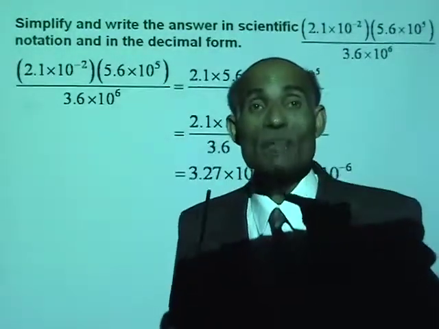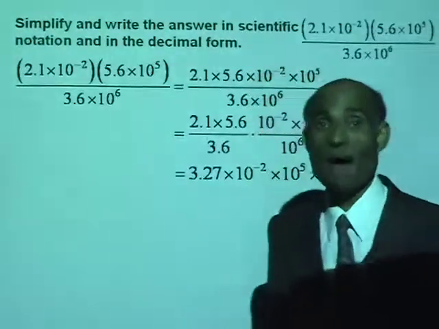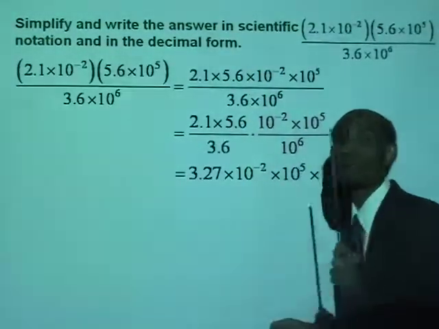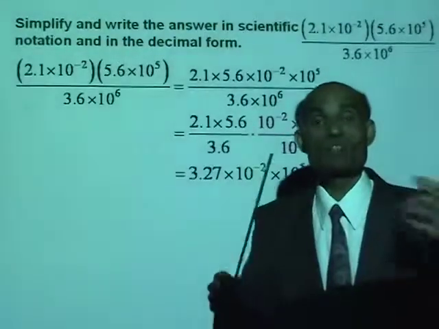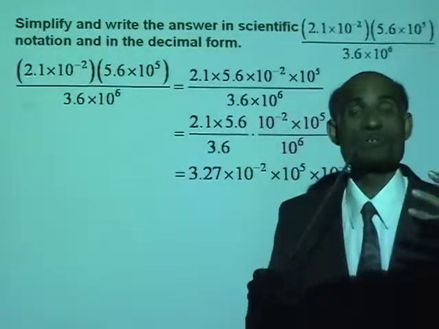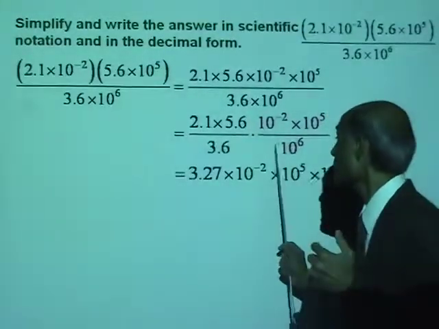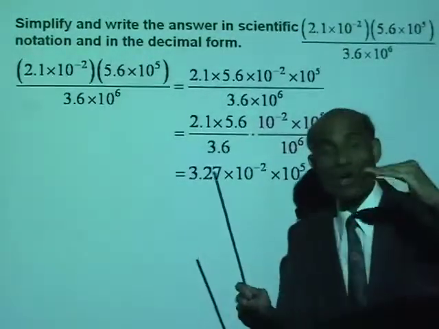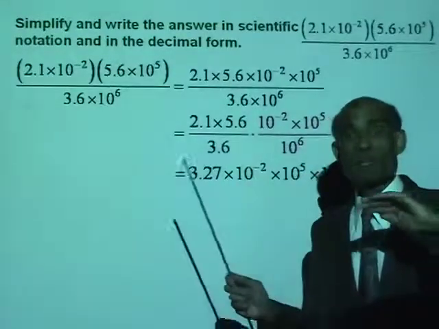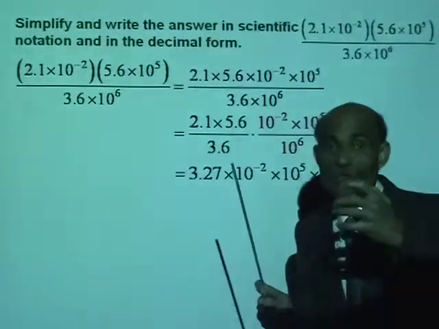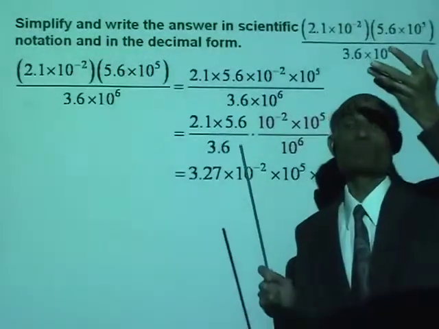Now, the rule in this case is a power of 10 should not be sitting on the denominator. That's the rule. When you want to simplify numbers to write in the scientific form, there should not be a power of 10 on the denominator. If you have a power of 10 on the denominator, you must bring it up to the numerator.